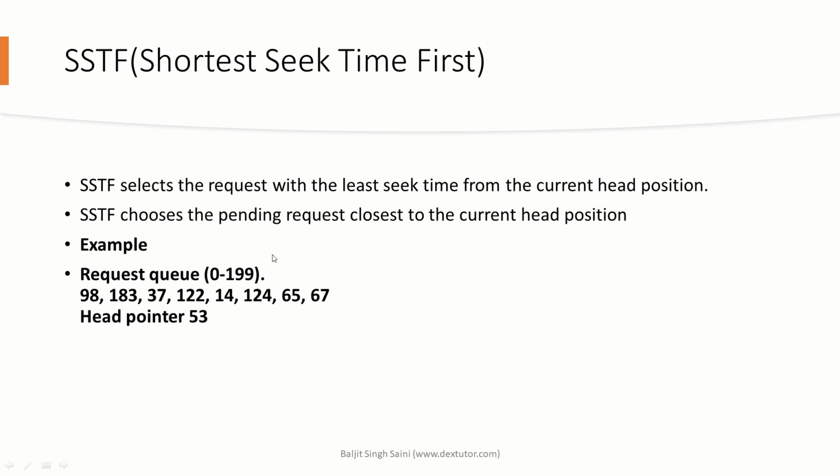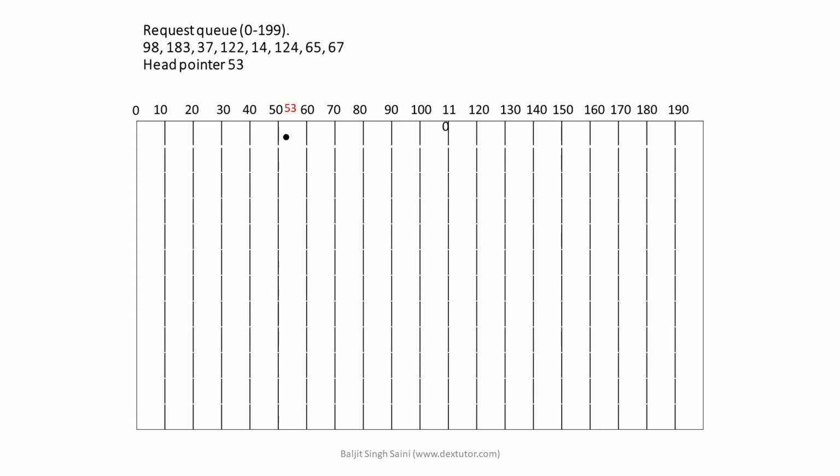Same example as earlier. 53 is the head position. Then we don't have to choose 98, because this is not FCFS, this is SSTF. In this we choose the nearest number from 53. In all these requests, which is the nearest to 53? That is 65.